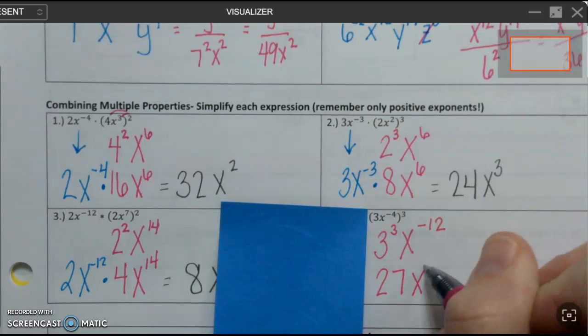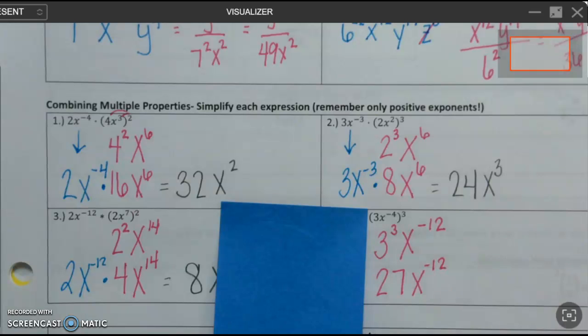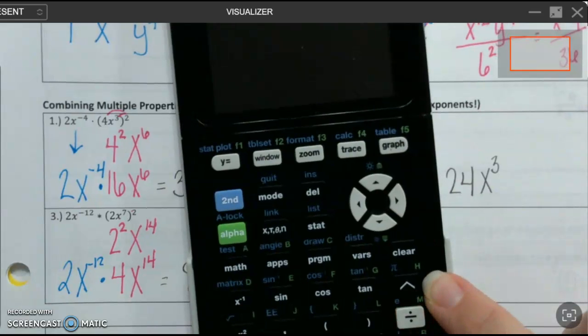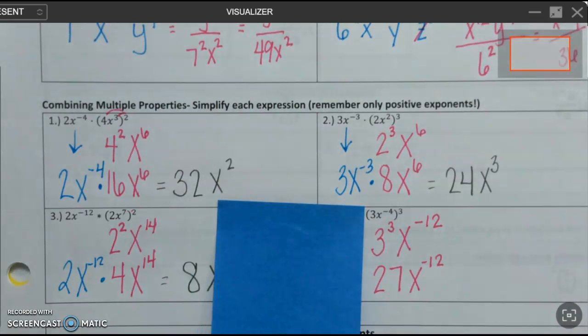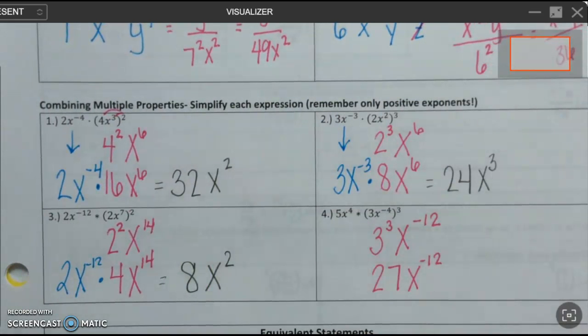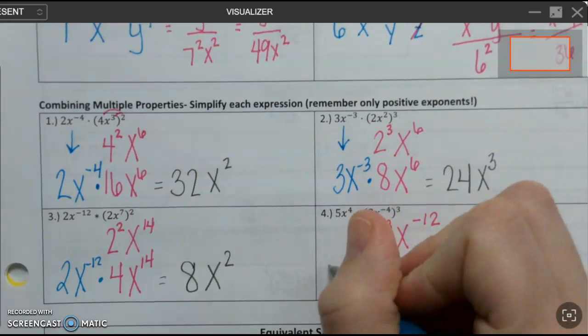Do check to make sure you know how to get that on a calculator. 3 to the 3rd power. In the last video, we showed you to use this upside down V button on your calculator, usually right above the add, subtract, multiply, divide. And then we'll go ahead and bring down our 5x to the fourth.